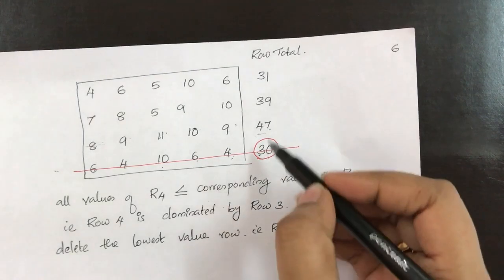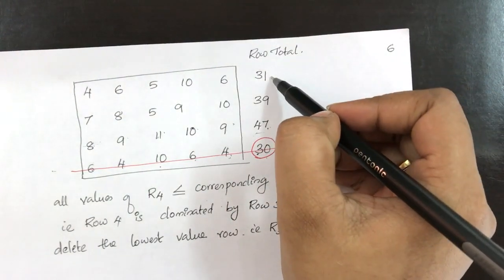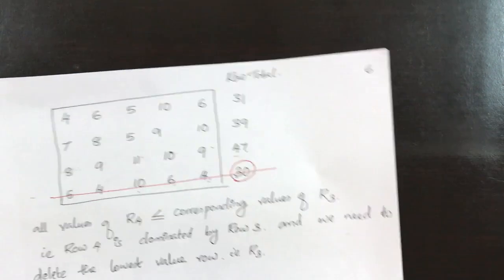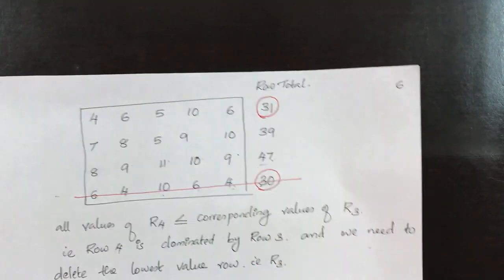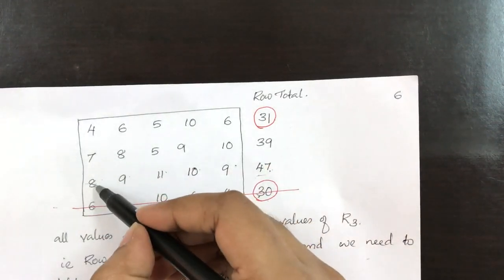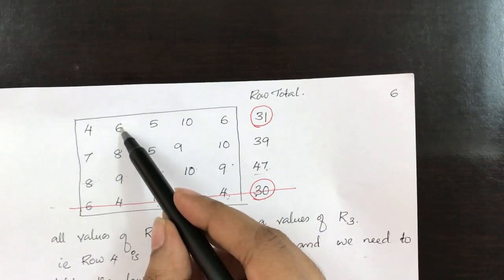Again I am going to check the highest value row R3 with the next lowest value row, that is row 1. Next lowest value row is row 1. Again checking 8, 4. Here R3 has the highest value. 9, 6.